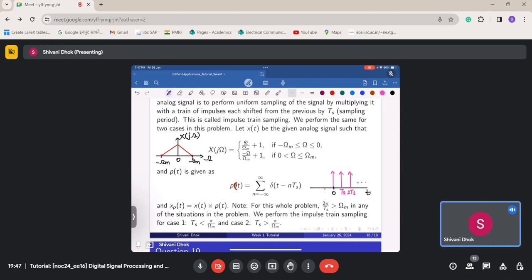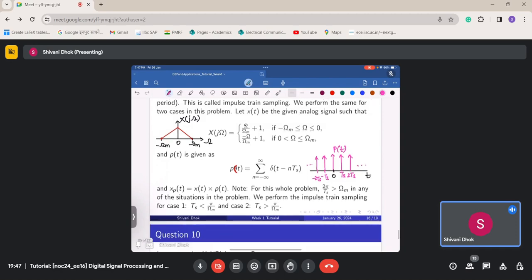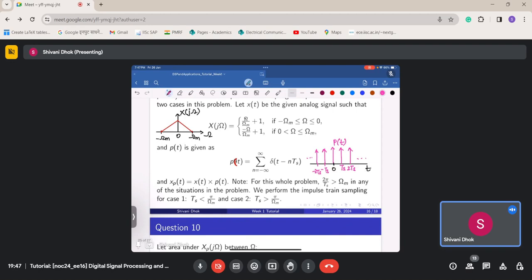Similarly, I'll have it at minus Ts, minus 2Ts, and so on. So this is my p(t), and xp(t) is x(t) into p(t). And we have this 2π/Ts, which is simply ωs, greater than ωm in all situations.